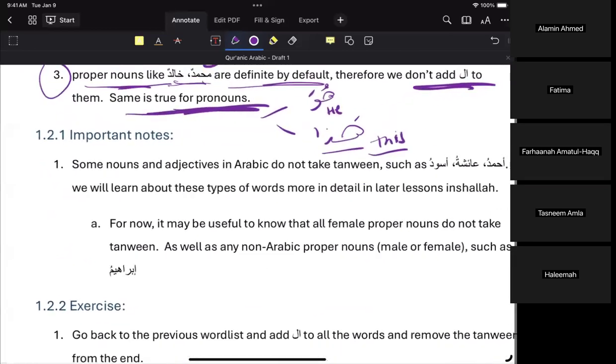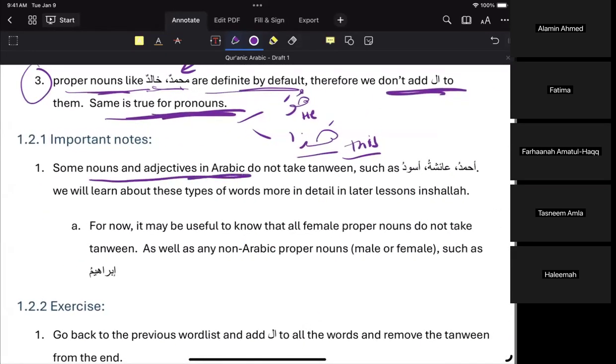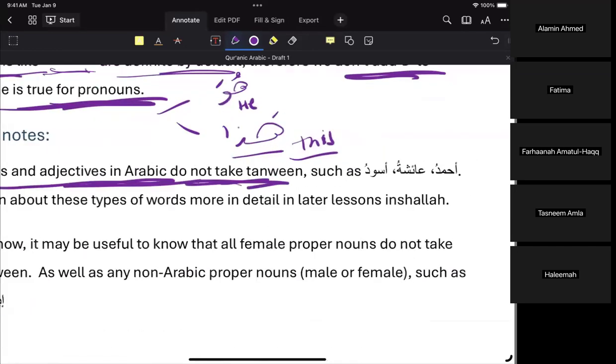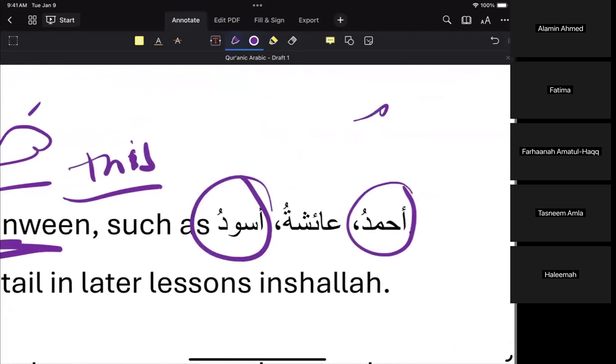Here's something important, which I just mentioned to you before, that some nouns and adjectives in Arabic do not take tanween. And we've seen one of them, like aswad. And also some of the names, you'll see Ahmadu. You say Muhammadun, but when you say the name Ahmad, you cannot say Ahmadun.